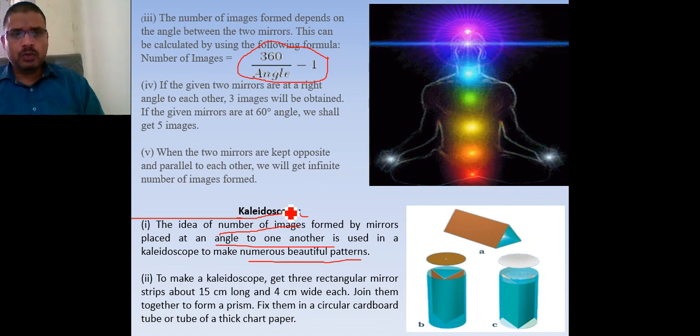Here is how to make the kaleidoscope. To make it, get three rectangular mirror strips.